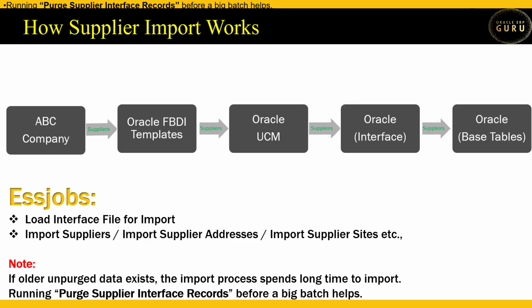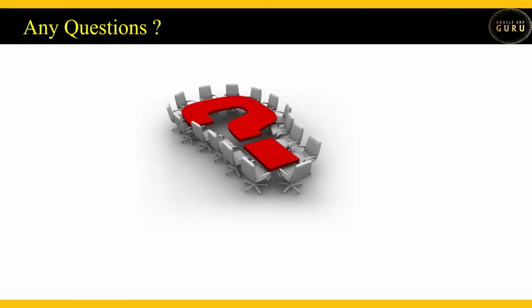So whenever you want to load any supplier records, first run this program, so that all your interface errors, any records which got blocked in the interface table, everything will be cleared. This is one of the important ESS jobs you have to remember and run. Okay, moving on to the next slide.